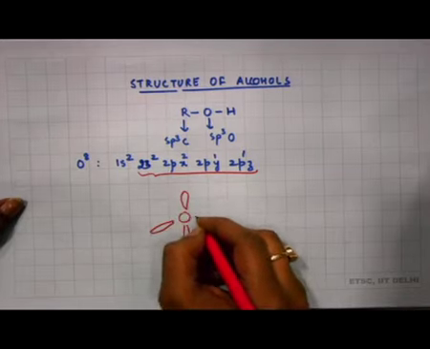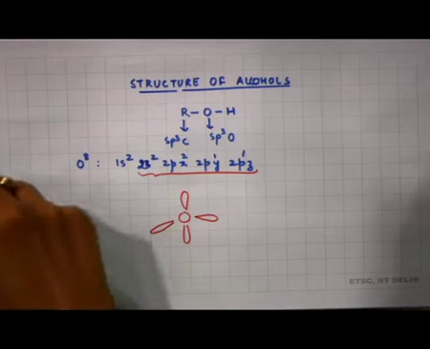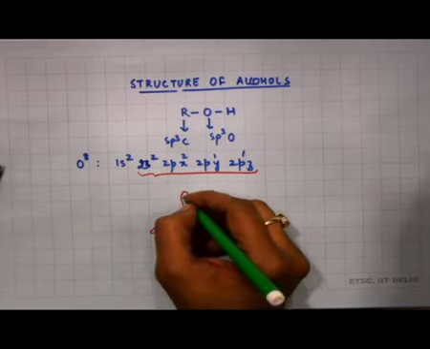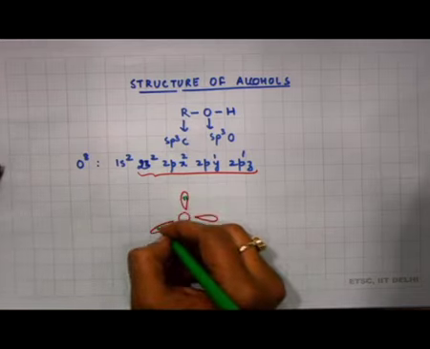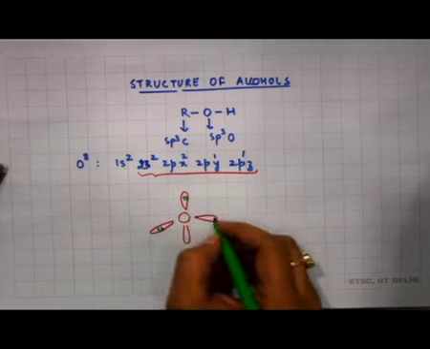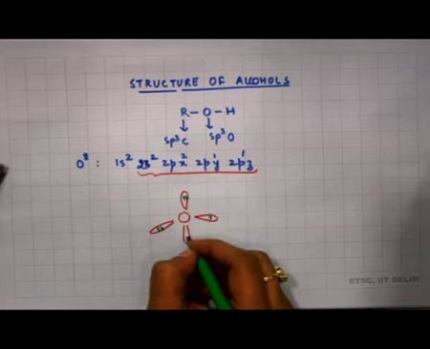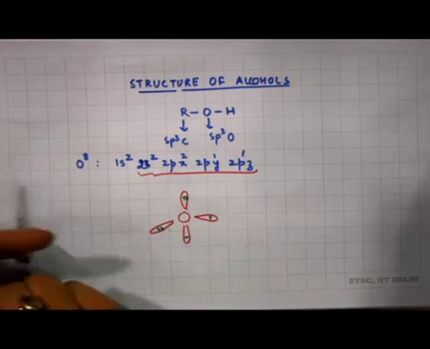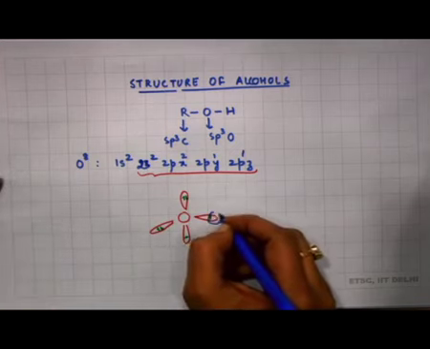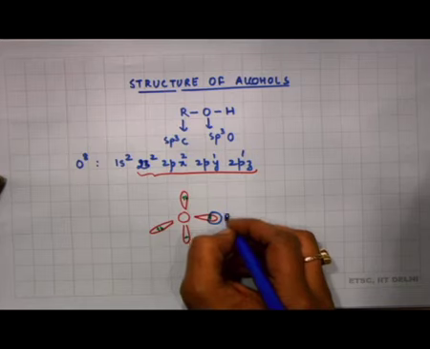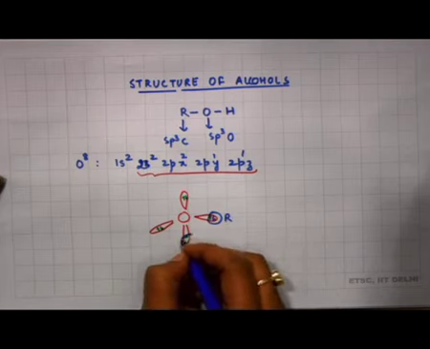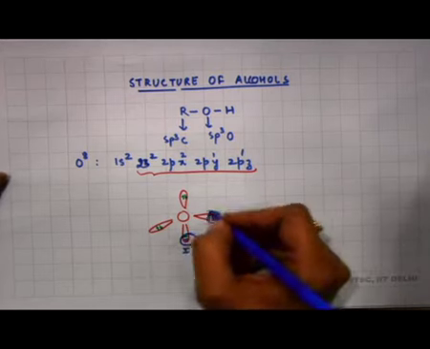a tetrahedral arrangement in which there are 2 lone pairs of electrons on the oxygen and there is 1 electron each in two of these hybridized orbitals, which then bond to the R, the carbon, and the hydrogen to give this alcohol.